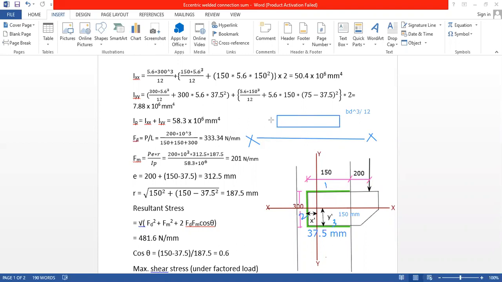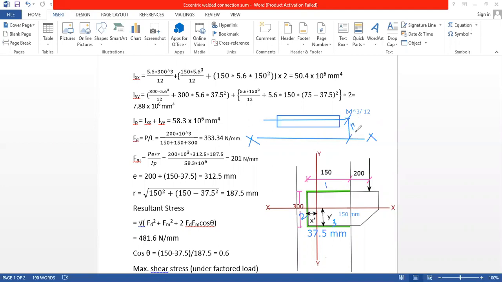So suppose this is the central line, and this distance over here is r.